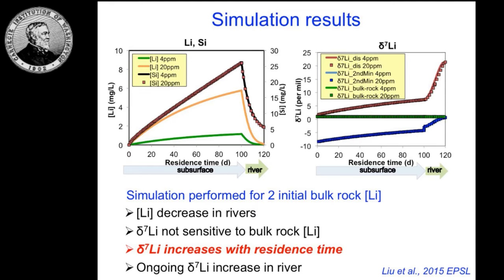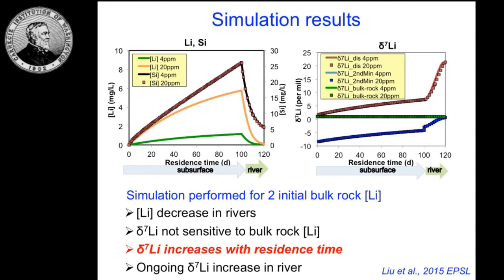But if you look at the delta lithium part, there's actually not too much difference between the 2 different starting compositions. No matter if it's 4 ppm lithium or 20 ppm lithium in the basalt, the behavior is the same, right? So all the rivers show a slight increase in the subsurface, and then a huge increase in the rivers.